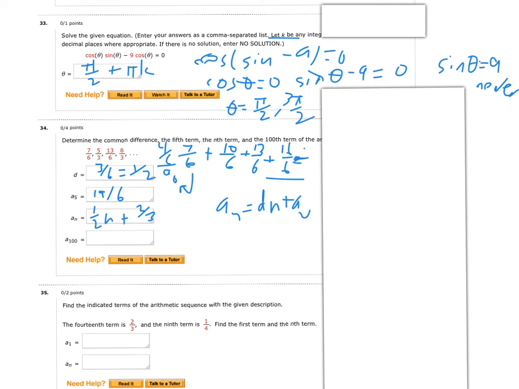Well, I'm going to think of this as 3 over 6 times 100, just to get a common denominator here, plus 2 over 3, which is actually 4 over 6. So I get 300 over 6 plus 4 over 6. So that is 304 over 6, which I would then just reduce down to 152 over 3.